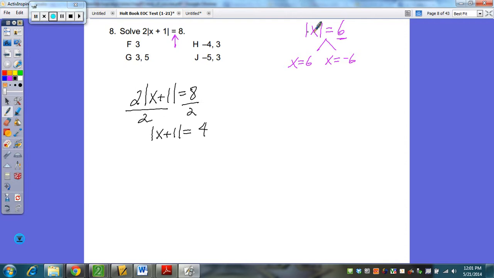Now that I've solved for the absolute value, same thing here, I'm going to set up two conditions. Whatever is in the absolute value equals positive 4, and whatever is in the absolute value equals -4. So if I subtract 1 from both sides, x equals 3. If I subtract 1 from both sides, x equals -5. And so we see here that my answer is J.